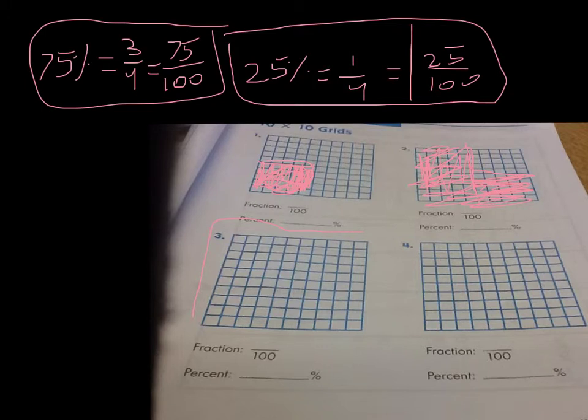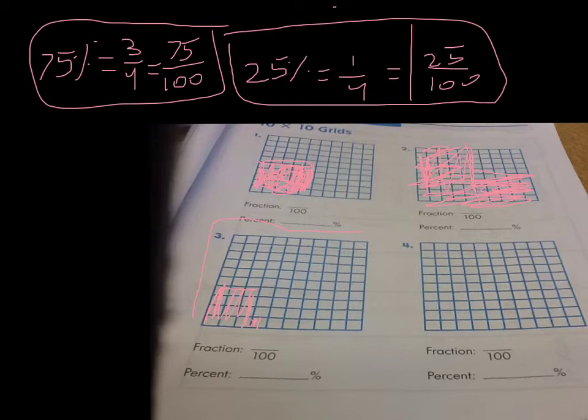Okay, now we're going to find 1/8, and since we know that 1/8 is half of 1/4, and 1/4 takes up 25% of the grid, or 25 squares of the grid, 25 divided by 2 is 12.5. So let's just fill that in right now.